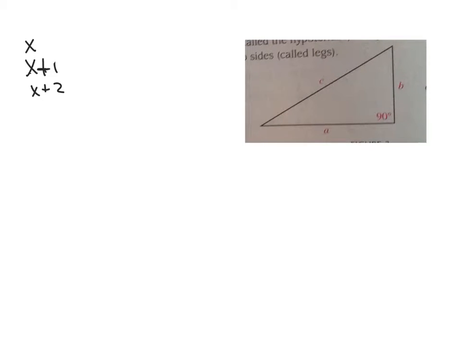Alright, so I know that this is the longest side, right? So that has to be the hypotenuse, because the hypotenuse is always the bigger number. And then it doesn't matter which the other ones are. We can put that as x plus 1 and that x, or vice versa. But I know that the 3 sides of a triangle are 3 consecutive integers.